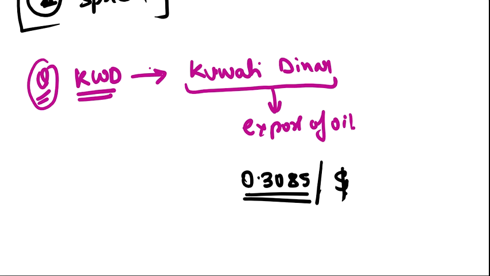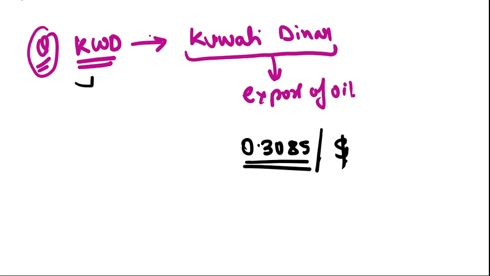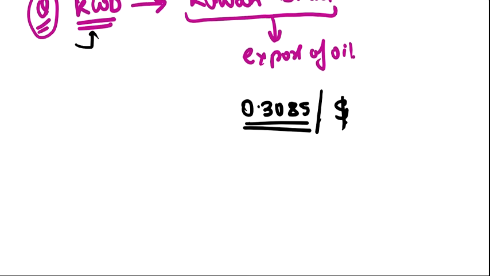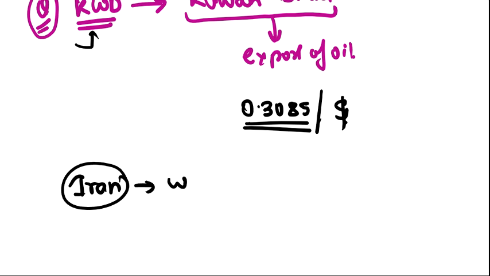This is also considered the most valuable foreign currency in the world, and it does not rely on any peg. It floats freely in the market. Clear? So this one is about the strongest currency. Which one is the weakest currency? The weakest currency comes from Iran.